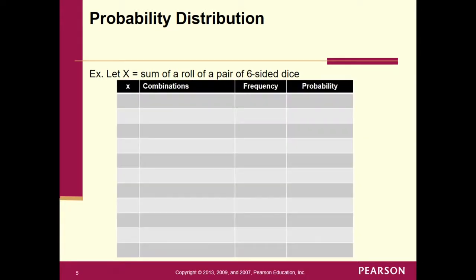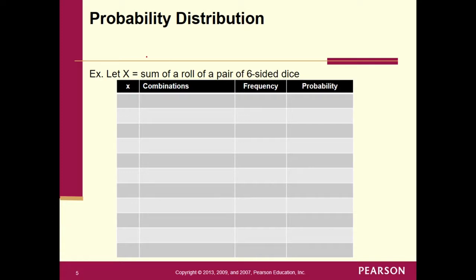Remember, the probability distribution has to list the values of x, so the values of x will go here. Because we're talking about dice and their combinations, we'll put the combinations here, and then how many combinations we get, and then we can calculate the probability.